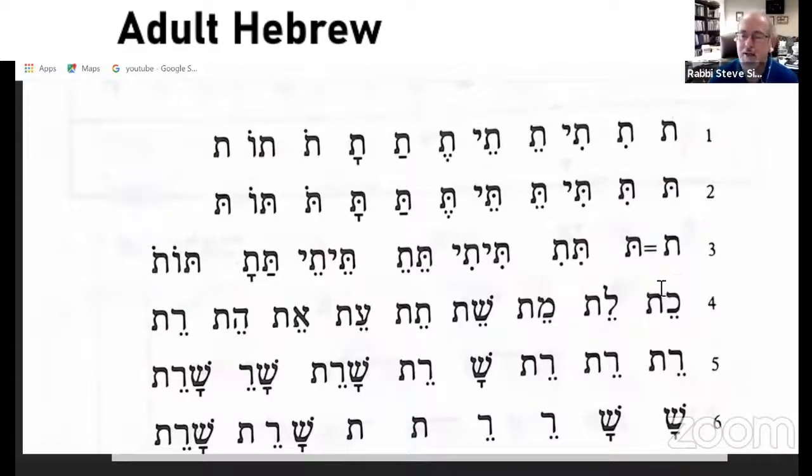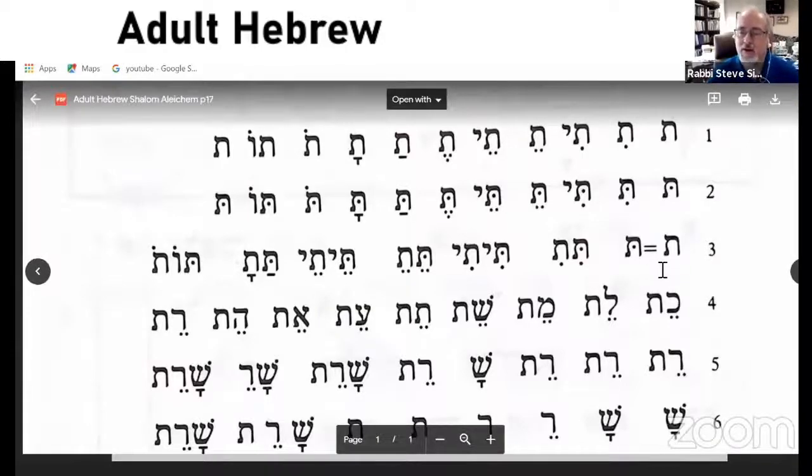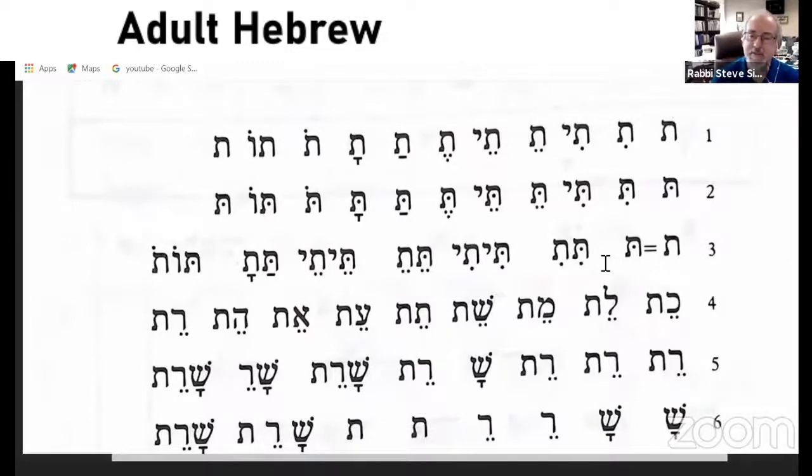Okay. Line 3. Just a reminder that both of these forms are pronounced in the same manner as T. That's the equal sign. So line number 3. Don't do this in public, folks. Okay, doctor, read the word for me. T. Exactly.